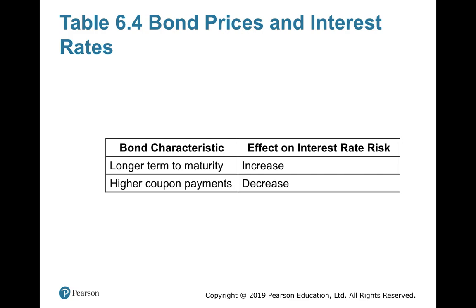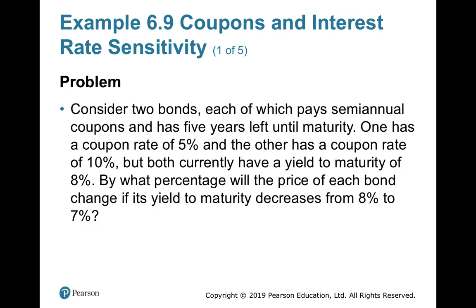Now we will see two bonds, one a high coupon bond and the other a low coupon bond. Other things will remain the same. We will change the interest rate and see how the bond price is impacted. Consider two bonds, each of which pays semi-annual coupons and has 5 years left until maturity. See friends, for both bonds we kept the maturity the same, 5 years, so that the coupon we will change.